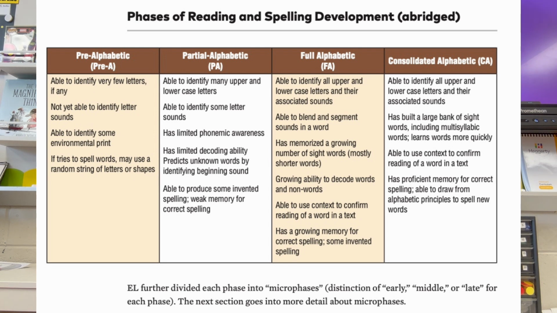And then you move on later into the consolidated phase, and that's where you get into the more complex phonics spellings. You get into suffix changes and things like that. And then throughout all of the phases, we work in syllabication. So closed syllables, open syllables, magic E, R-controlled vowels, and things like that.